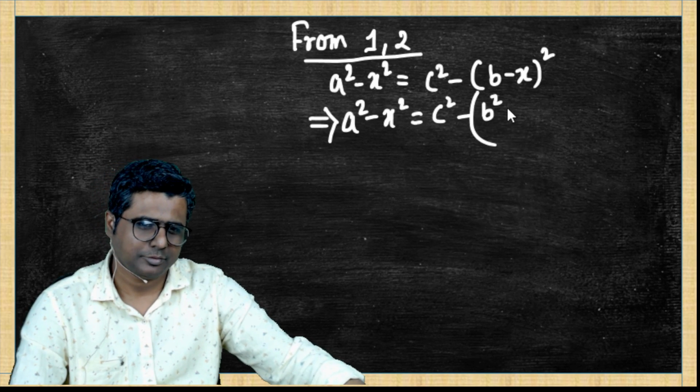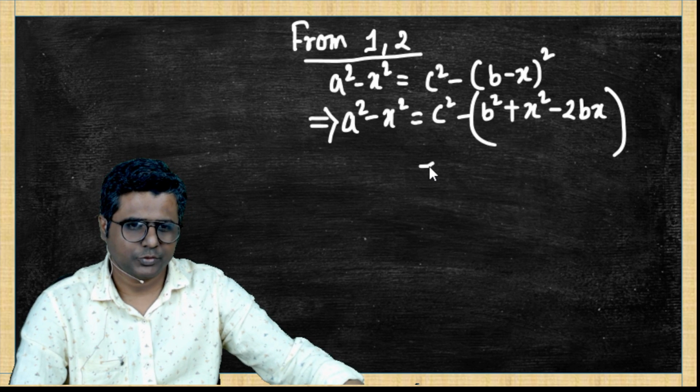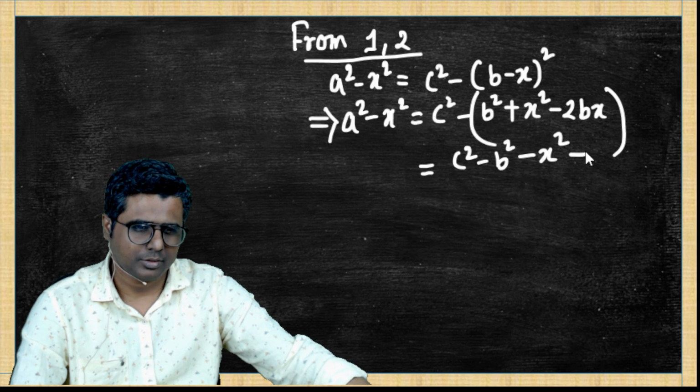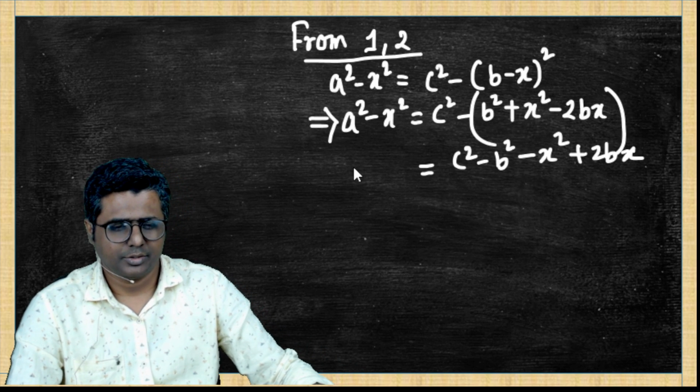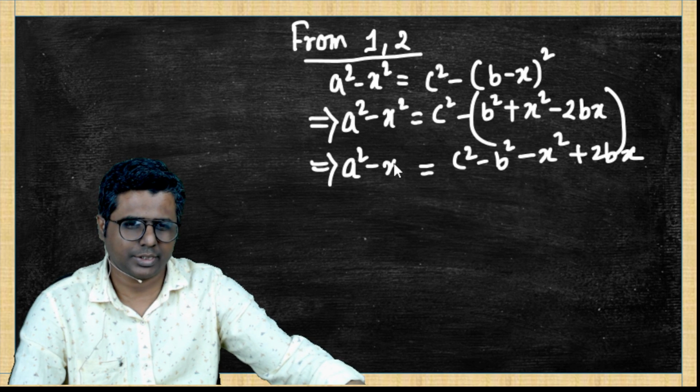b square plus x square minus 2bx. So from here I can get c square minus b square minus x square plus 2bx. Okay? So from here you can easily cancel out x square, right?